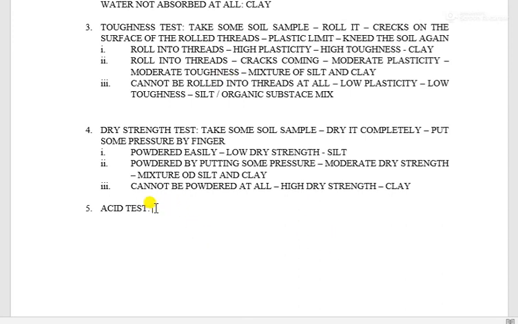Sorry, the acid test is not for organic substance, that is for the calcium test. For the organic substance test, we have to go for a color and smell test.